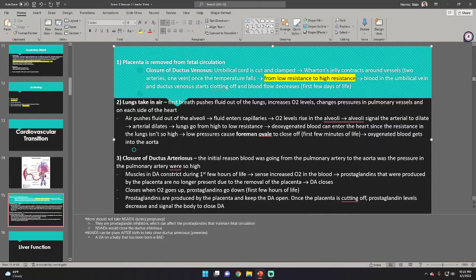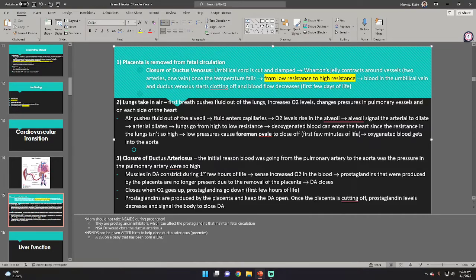Okay, number 2, lungs taking in the air. With that first breath, it's going to be pushing fluid out of the lungs, with an increase in oxygen levels. A lot of changing pressures are going on within the pulmonary vessels, but we have this arrow here. The air pushes fluid out of the alveoli. Fluid enters the capillaries. Oxygen levels rise in the alveoli. Alveoli signal the arterioles to dilate. The arterioles are going to dilate. Lungs are going to go from a high to a low pressure.